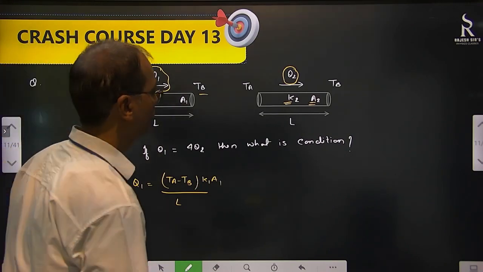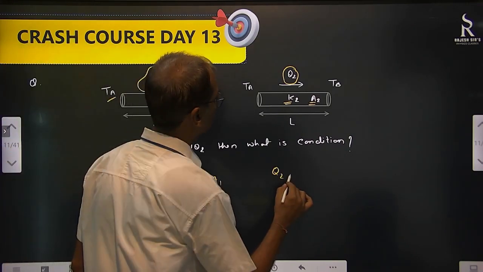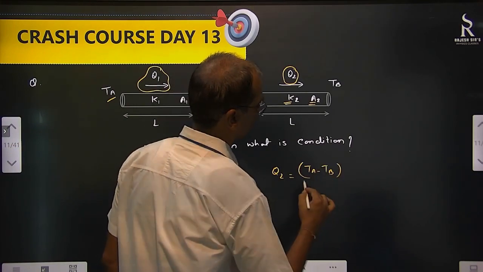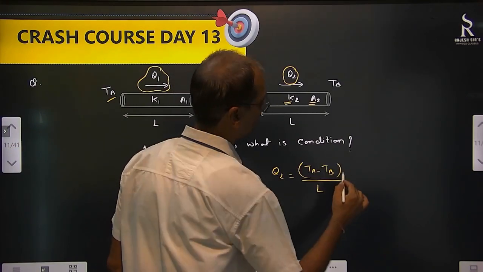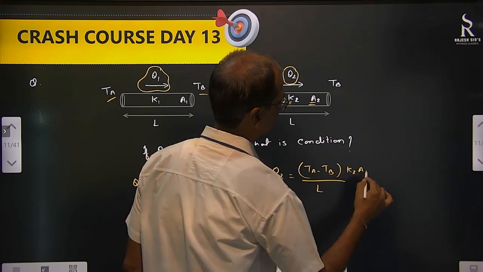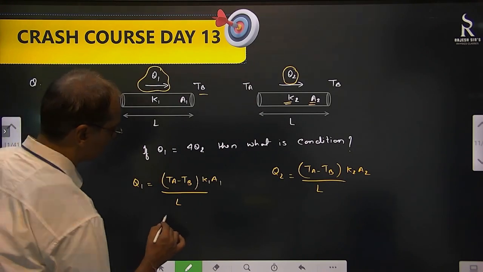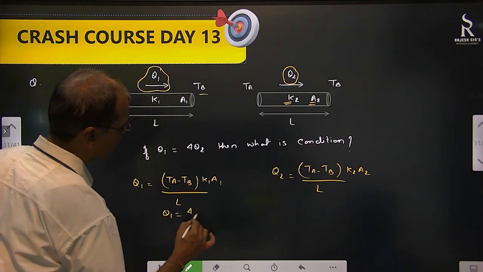Okay, Q2 is what then? Q2 is again TA minus TB by L by K2A2. Now, what we have to do? Q1 equal to 4Q2.